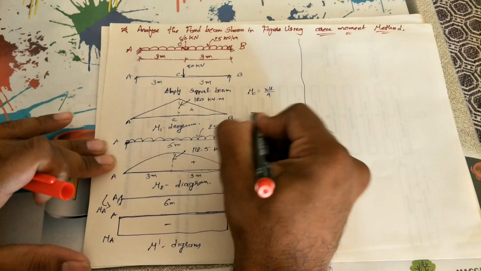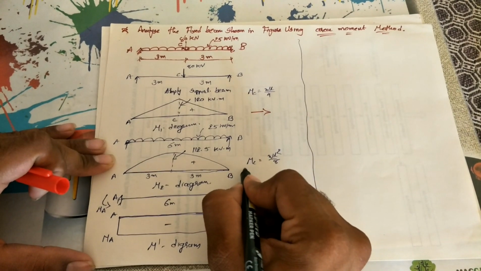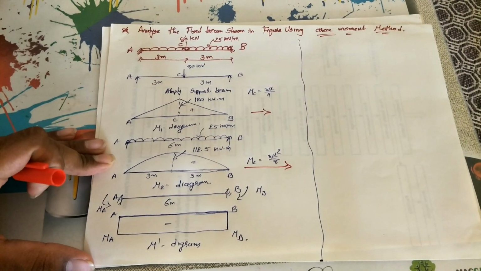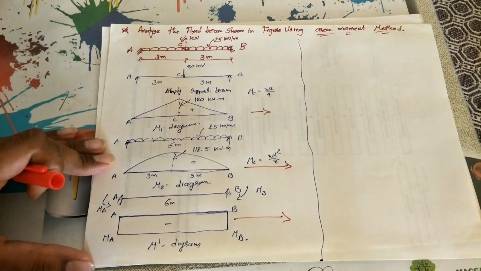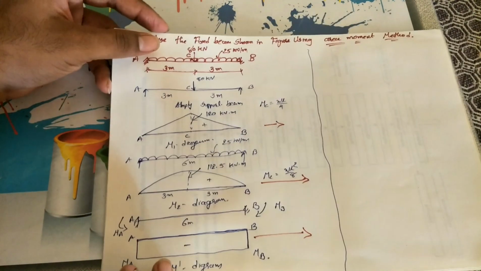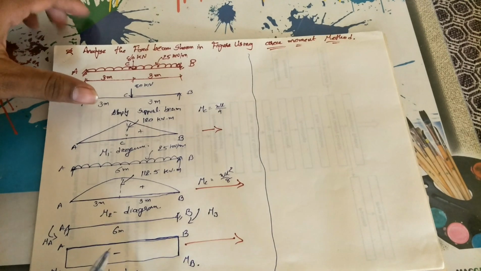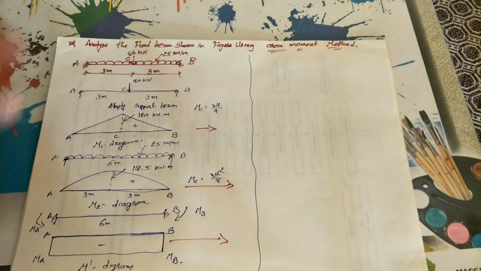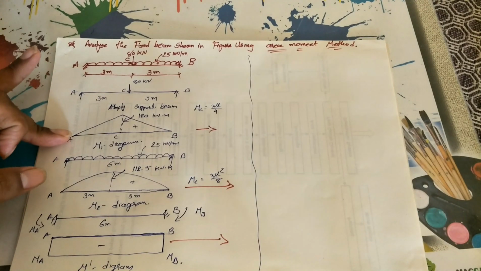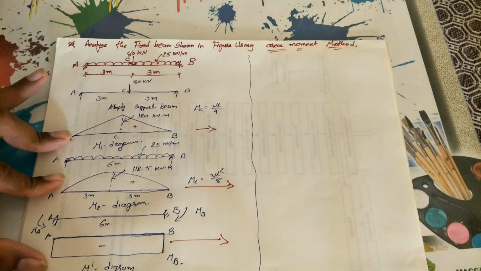So we have bending moment diagrams: this is Mu1, this is Mu2, and this is the Mu-dash diagram. Now we take the area of Mu1 diagram, area of Mu2 diagram, and area of Mu-dash diagram.